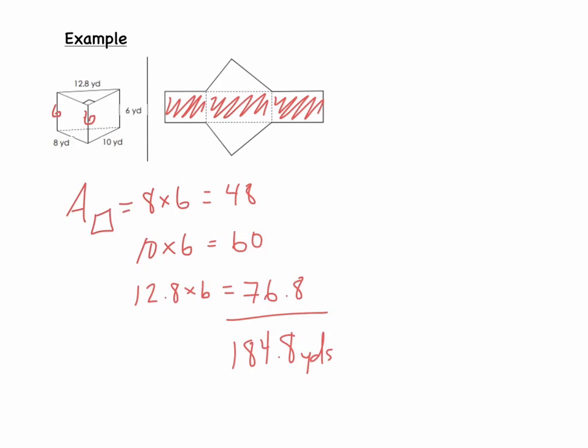So now we have to solve for the area of the triangles. Remember, to solve for the area of a triangle, it's 1/2 times the base times the height, or the same as the base times the height, all divided by 2. Now on a triangle, to find what is the base and what is the height, I always recommend looking for the 90-degree angle.